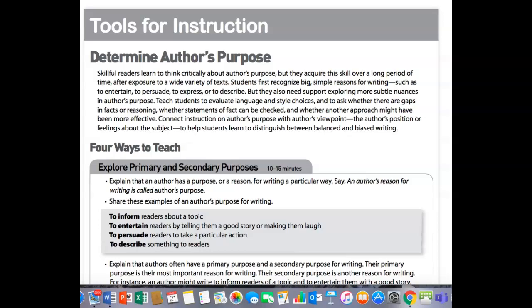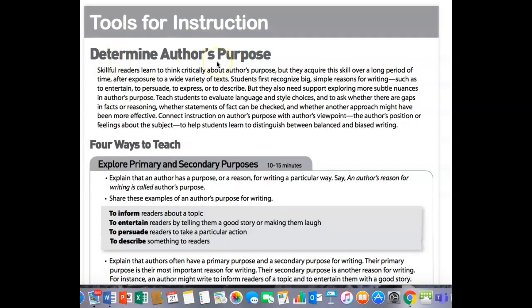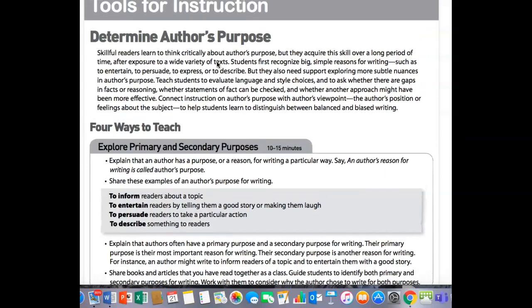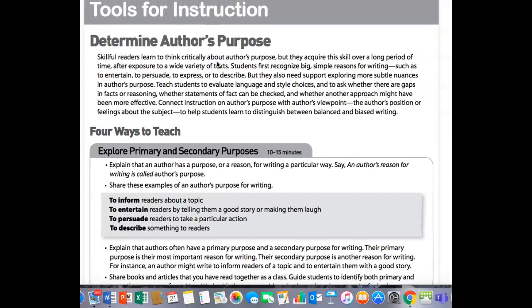Today's lesson is about determining author's purpose. The main purposes for an author to write something are, one, to inform readers about a topic, to teach, inform, tell about. Another is to entertain, and those are the books we really like because they make us laugh or cry.